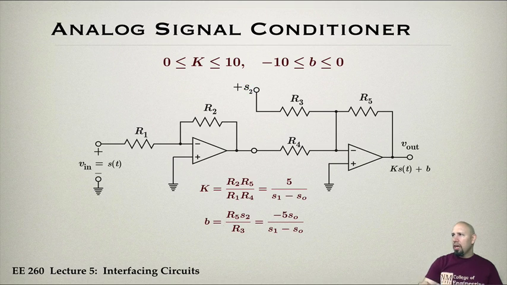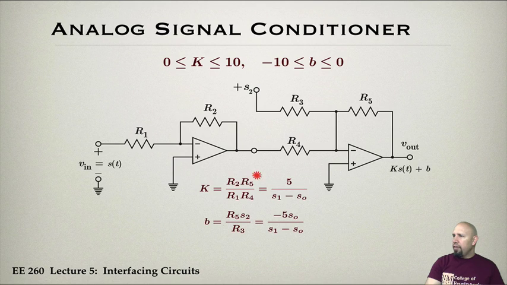So for example, suppose in the circuitry we're working with, we have a supply voltage that's plus and minus 9 volts. So S2 would be 9 volts, which isn't anything related to S1, S.